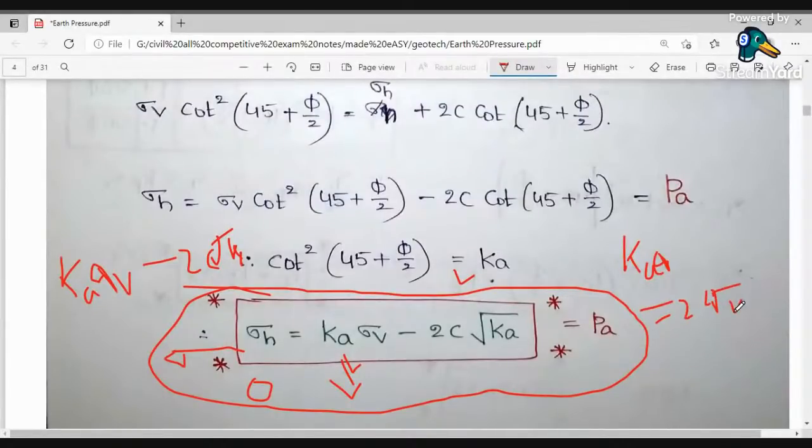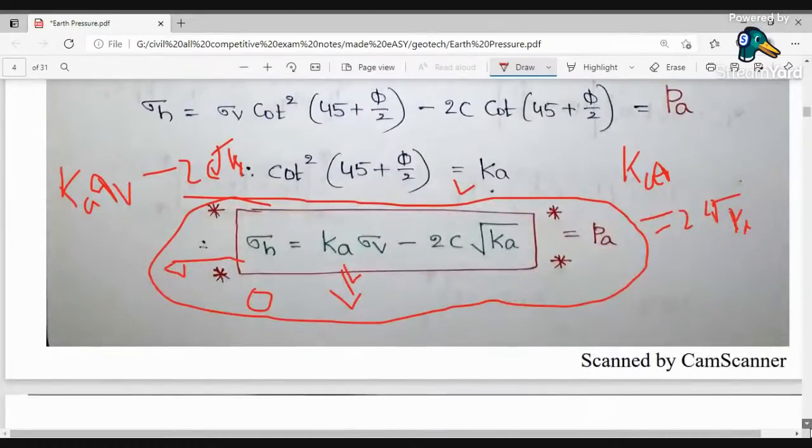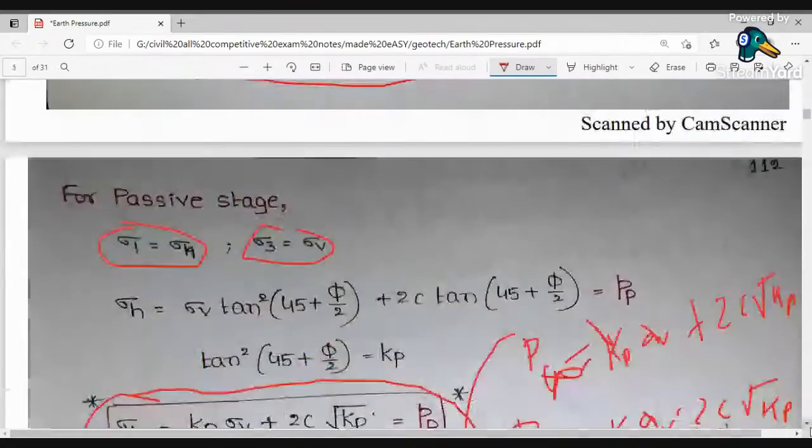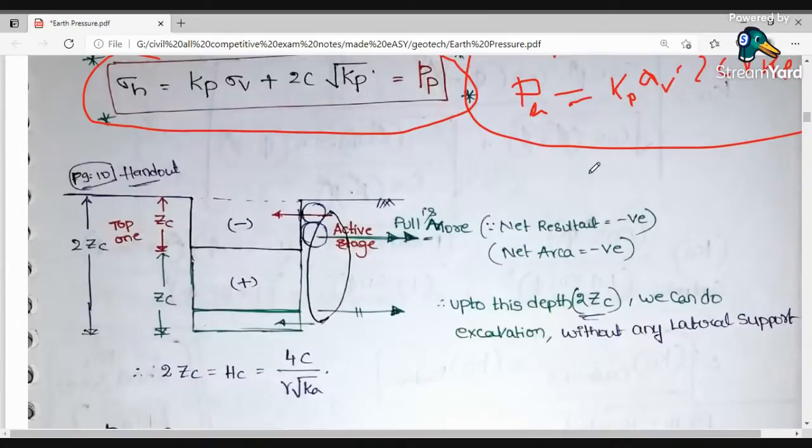So in this condition, although the active pressure is not there, there will be some stability of the soil itself, because we have one negative parameter, that is 2C root Ka. Because of this, after overcoming minus 2C root Ka, the soil experiences the active pressure, right?